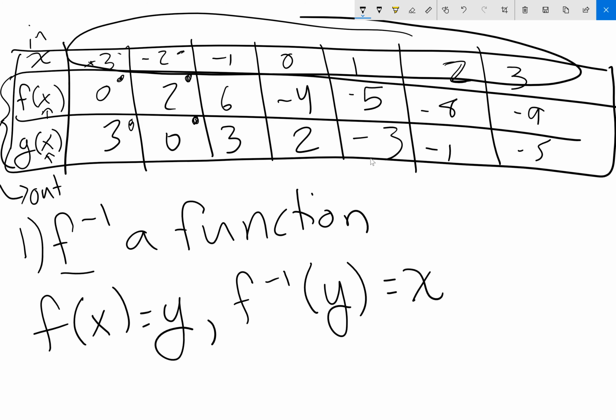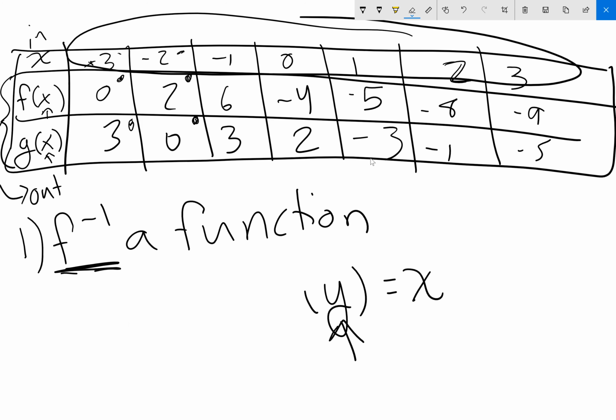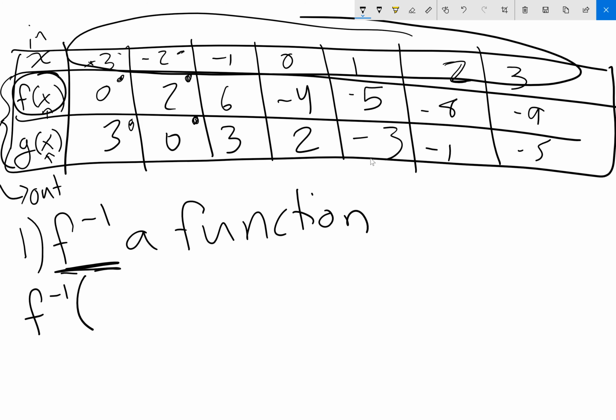So the input to the inverse function, right, is the output of our normal function. Now, the idea of the function of a function stays the same. So we need to make sure that for every input, there's only one output. However, now, our input is the output of our regular function.